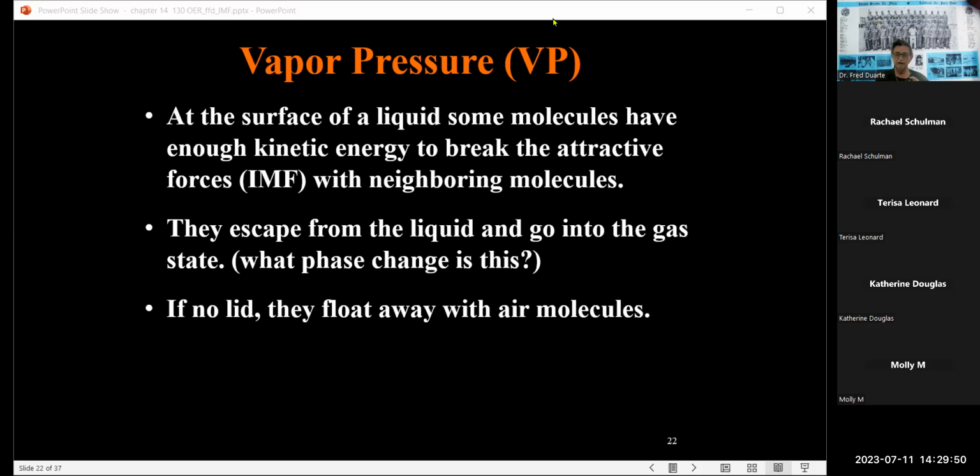Now, if you put no lid on a container of liquid, everything's going to eventually evaporate. But if you put a cap on it, then we got what we talked about, the vapor pressure.